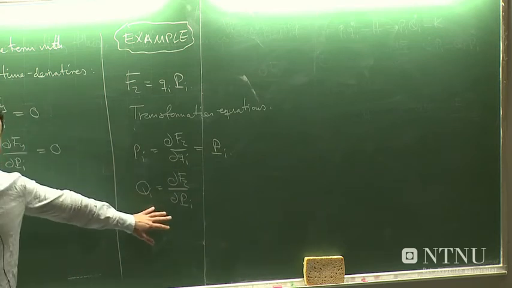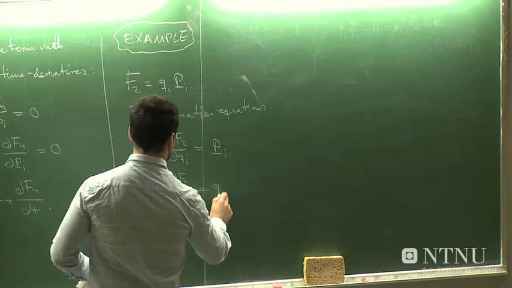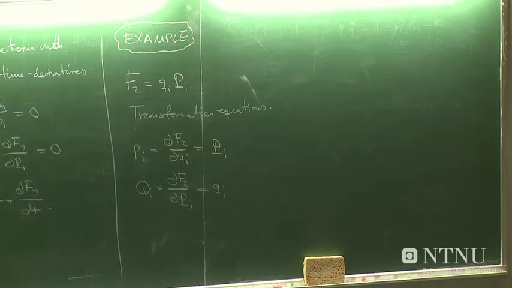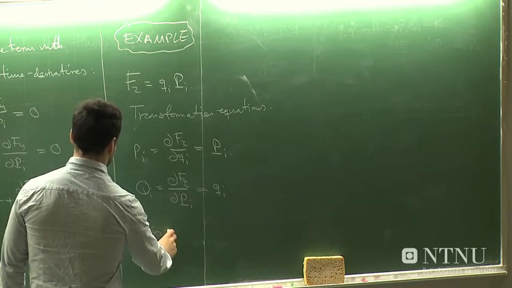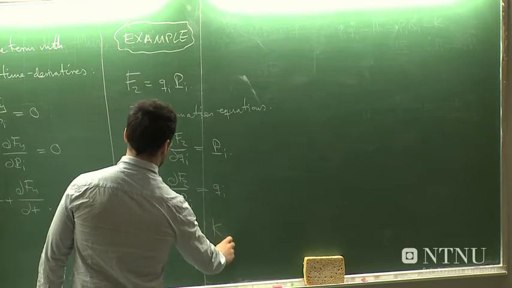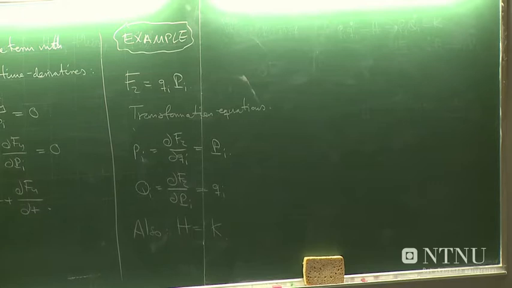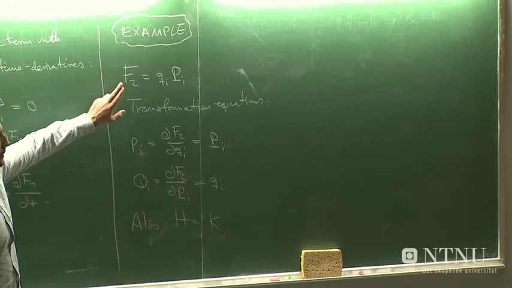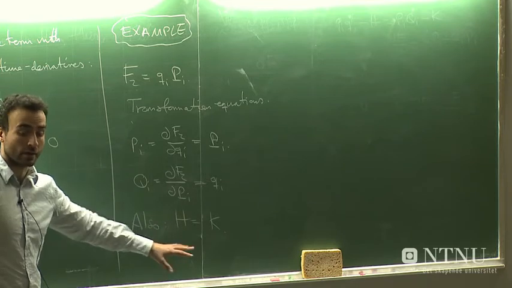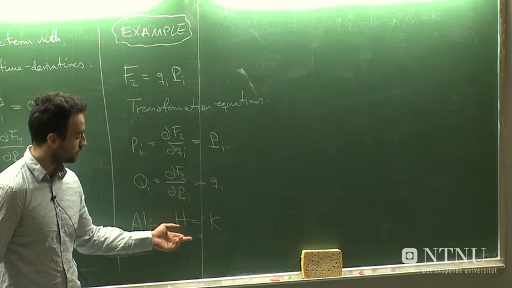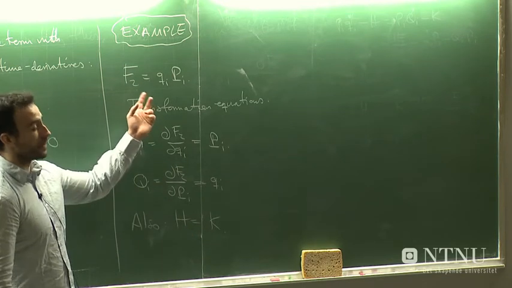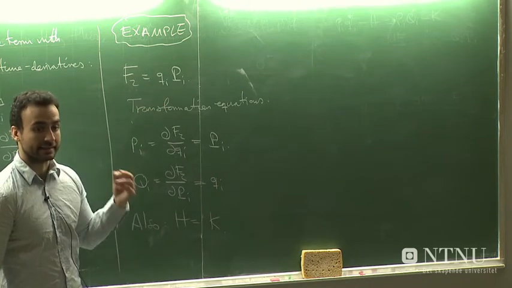The second equation is this. Which tells me that the old and the new spatial coordinate is the same. And finally, since there is no explicit time dependence in F2, the Hamiltonians h and k are the same. We get k just by inserting the new coordinates into h. So in other words, this generating function generates the identity transformation.